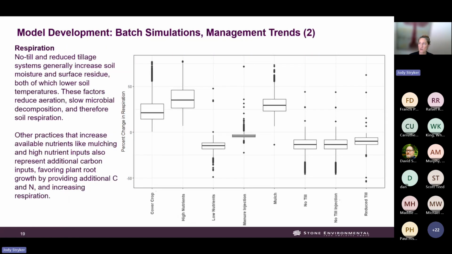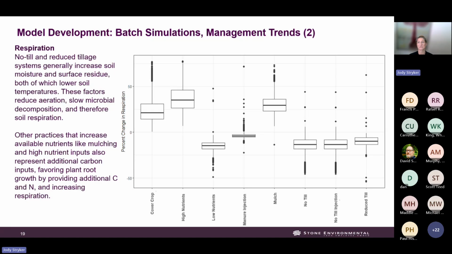And here we're similarly showing the difference in this time average growing season soil respiration between each management scenario and the corresponding baseline. Respiration is really indicative of microbial activity in the soil. So again, these results generally made sense and were consistent with our expectations.